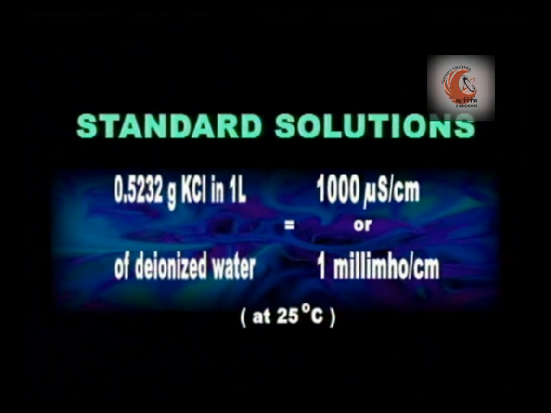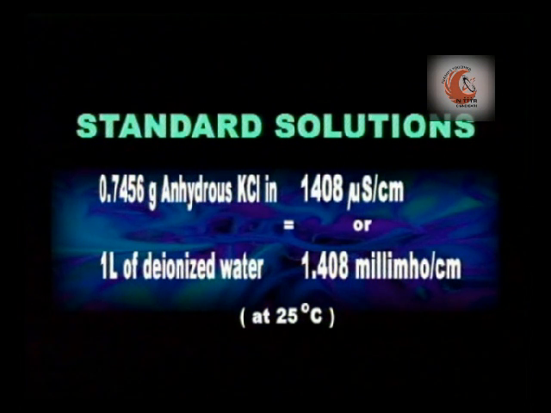This solution has conductivity of 1000 microsiemens per centimeter or 1 millimho per centimeter at 25 degrees centigrade. Alternatively, dissolve 0.7456 gram of anhydrous potassium chloride dried for 1 hour in 1 liter of deionized water.